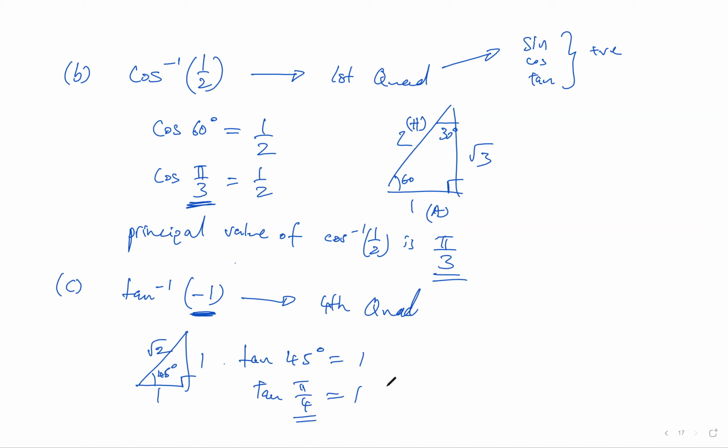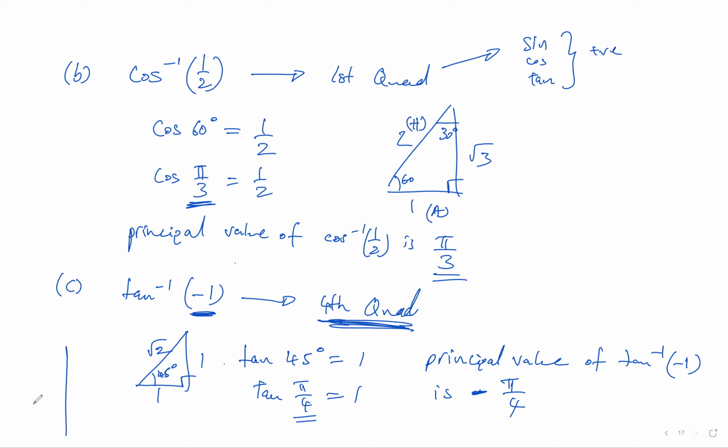Tangent pi over 4 will give me 1. But because it is in the fourth quadrant, the principal value will take on the negative answer. Value of tangent inverse of negative 1 is negative pi over 4, because it is in the fourth quadrant. This is minus pi over 4.